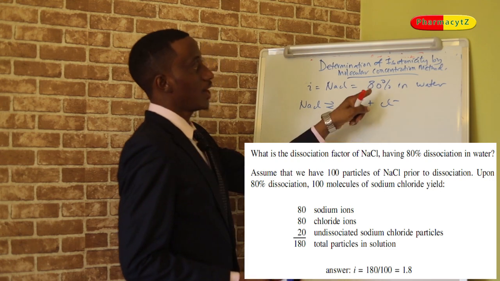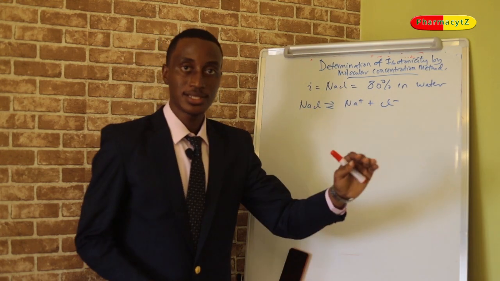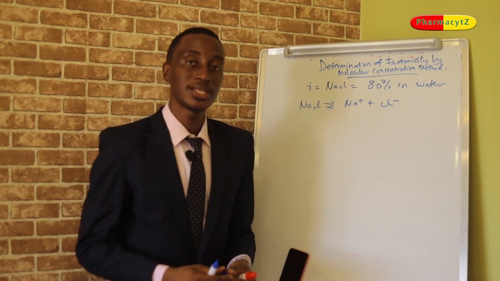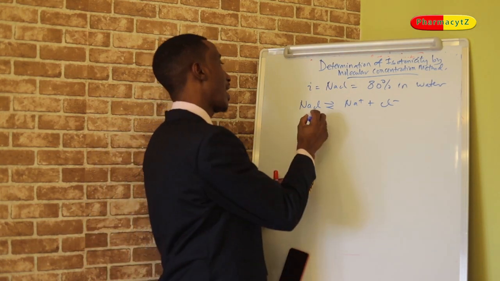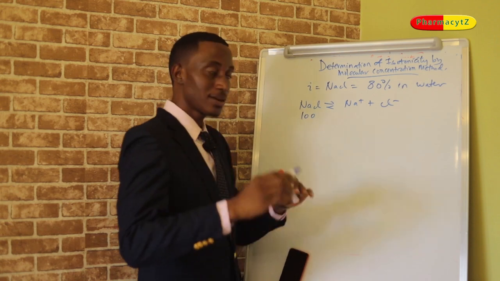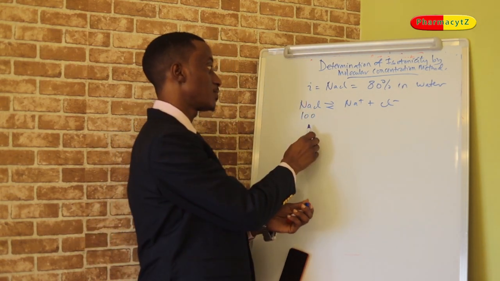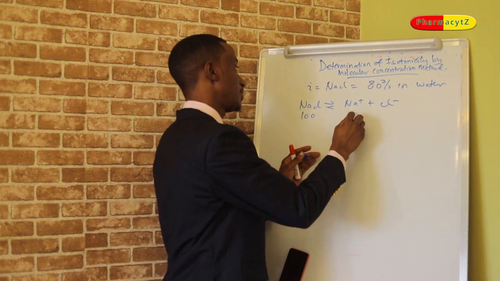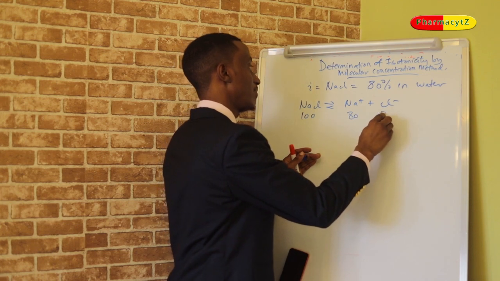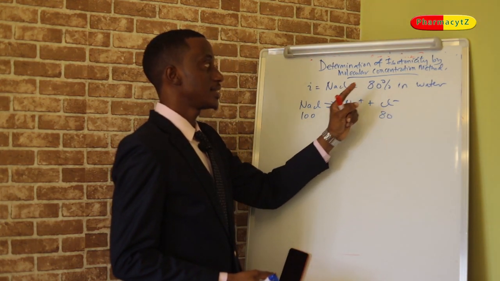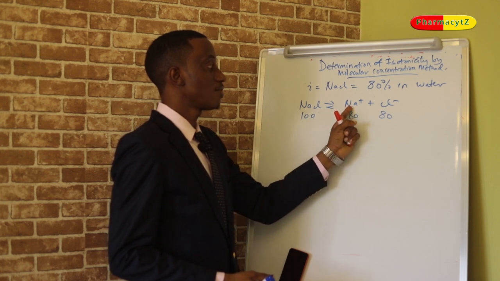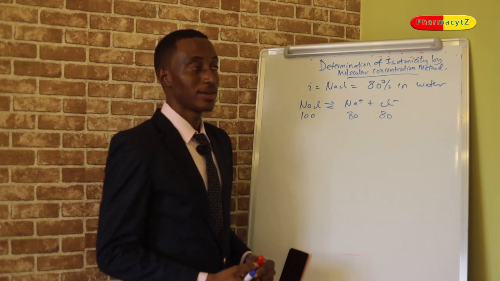So if 80% of the particles dissociated, that means before the reaction, at time 0, there were 100 particles, 100% of all particles. After the reaction, 80 of these particles dissociated, and this 80 applies to both sodium and chloride.